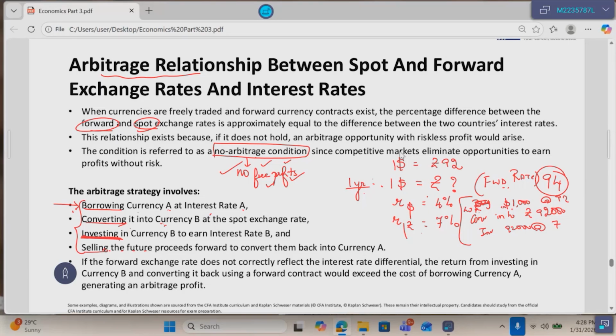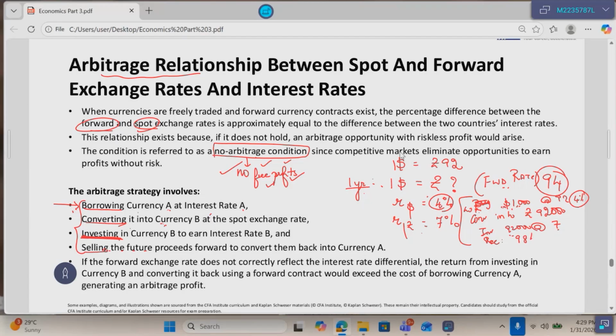Now, this loan you're paying 4%, right? And on this investment you're earning 7%, right? After 1 year, you earn 7%. So how much did you receive? What you received? Check. You invested 92,000, you got 7%. How much will you receive? Answer, guys. 98,440.